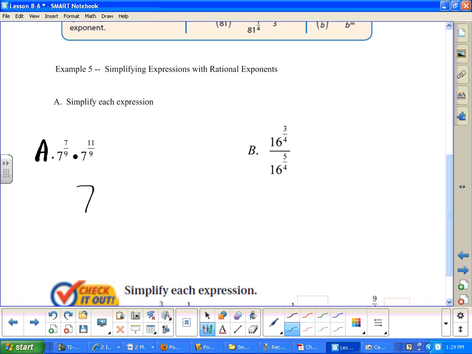I have a common denominator so I can add them. What's 18 over 9? 2. All right, and 7 squared is 49. So the answer is 49.